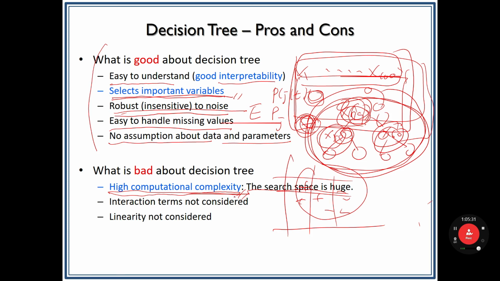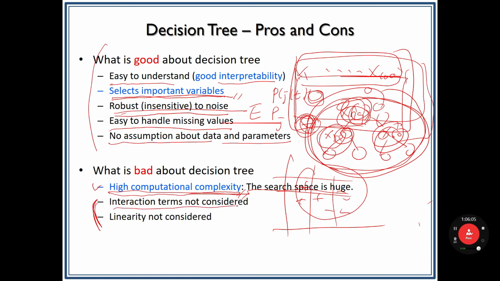Some people already did some research to make the fastest split and fastest pruning by some stochastic searching. So in commercial software or even R software, you can grow a decision tree with many variables and many observations. You can get a decision tree within some seconds. And actually, these two bad things indicate the same thing.